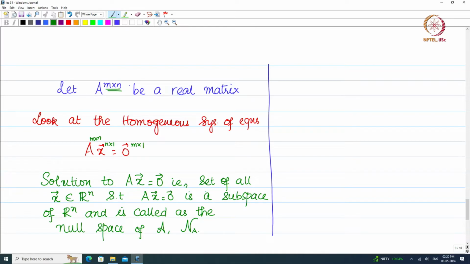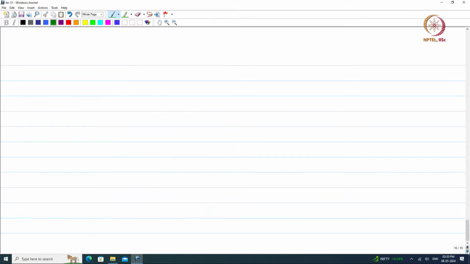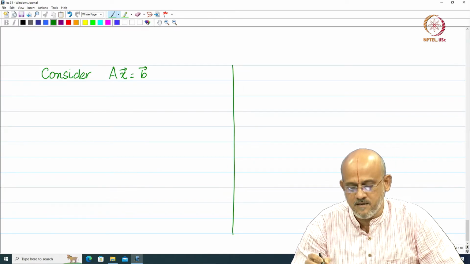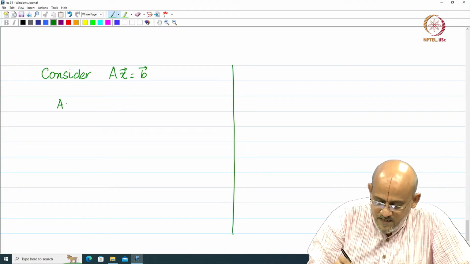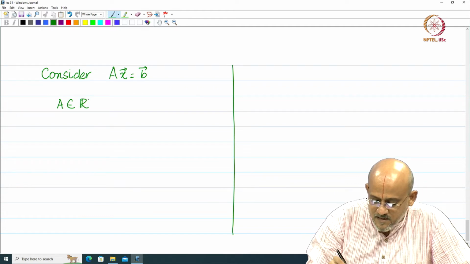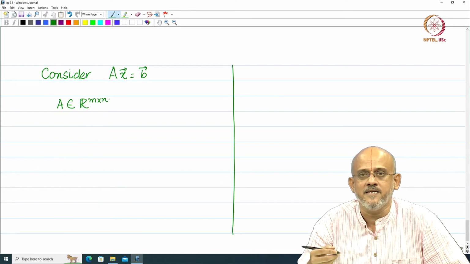We figured that out. Now, in today's lecture we are going to look at something more. Consider Ax equal to B. Assume that A is an m by n matrix, an element of R m by n.